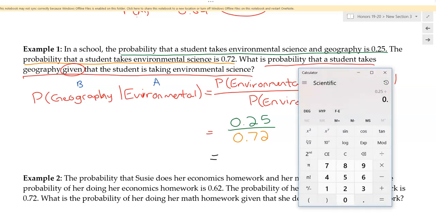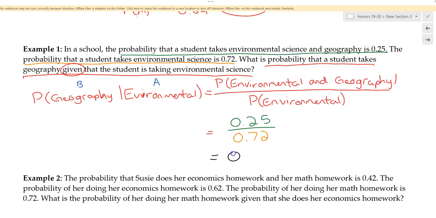Dividing those, I get about 0.35. We'll keep our answer like that because that's what it was given to us in decimals.